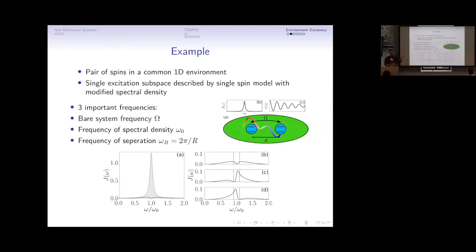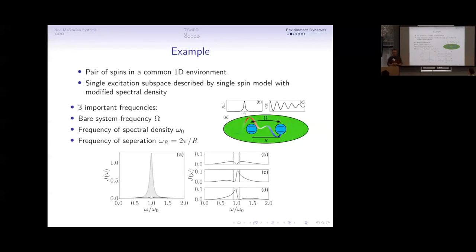And then if you're sitting exactly where all of these three frequencies match up, then what happens is basically a hole gets drilled in the spectral density at the frequency at which all of these things are happening. And so you end up with a spectral density which is really very small, but it is finite at some frequencies. It's really zero at the frequency that you have drilled this hole at.